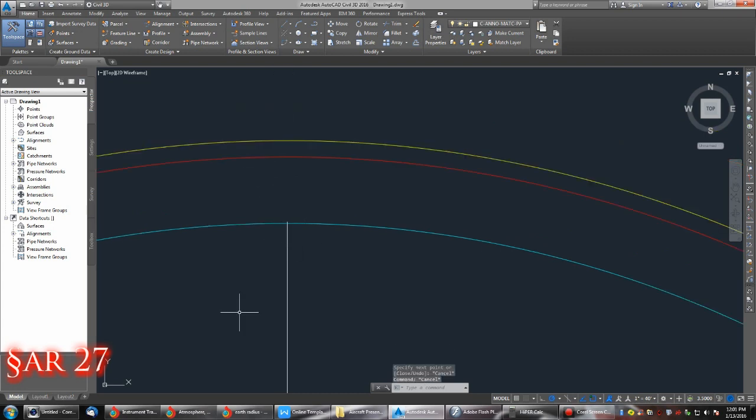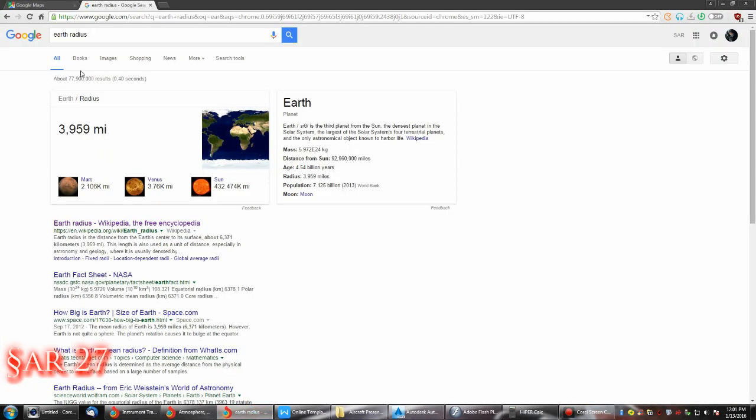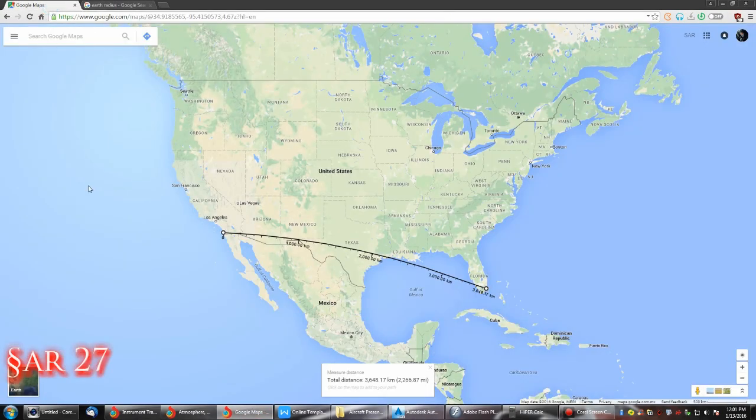Now I'm going to plot the distance of a flight trip that goes on constantly and daily from San Diego to Miami. And if you see here, the distance that I measured is about 2,260 miles from San Diego to Miami. Now I'm just going to round that down a little bit just to keep things simple.